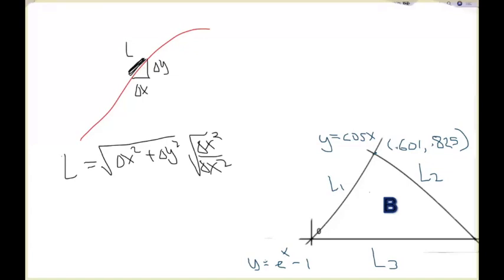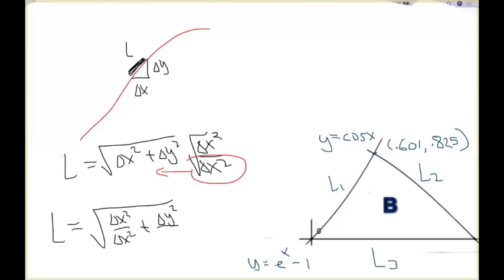This denominator, you sneak into the radical, and what you end up with is length equals the square root of delta x squared over delta x squared plus delta y squared over delta x squared. And the second piece of that radical we introduced, we just write as the square root of delta x squared. So the square roots and the squares cancel each other out, and you have a delta x. That would be sort of a Riemann sum for how you would set up the integral.